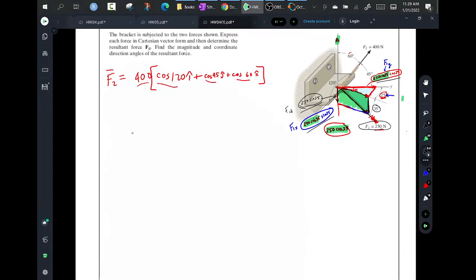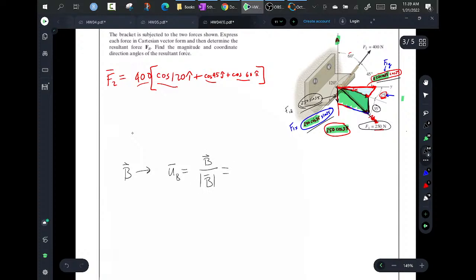Again, the coordinate direction angles come back to this: if you have any vector, say vector B, and you want the unit vector in the direction of B, it is just B over the magnitude of B, which is in fact the same thing as cosine alpha i plus cosine beta j plus cosine gamma k.